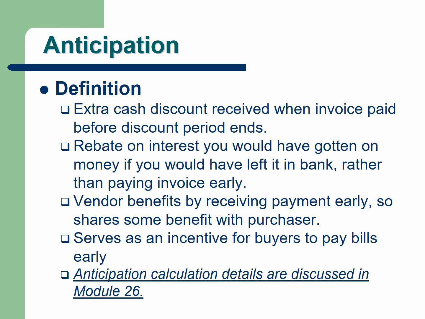And the actual calculation of the anticipation dollar will be discussed in module 26, the next module, because again the anticipation amount, and whether or not you get anticipation, depend upon the dating term. Okay, so along with the cash discount, anticipation is also affected by when the invoice is paid.